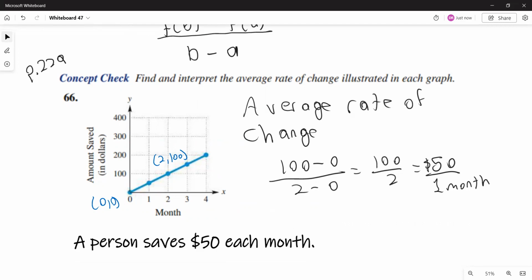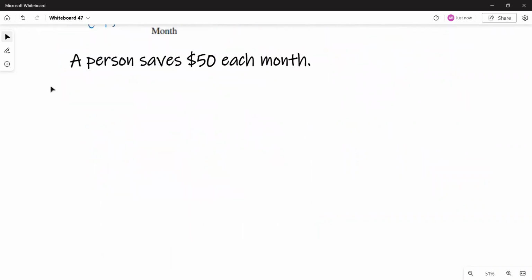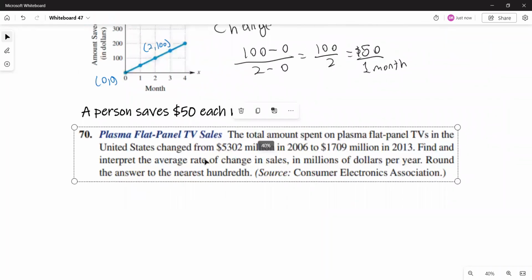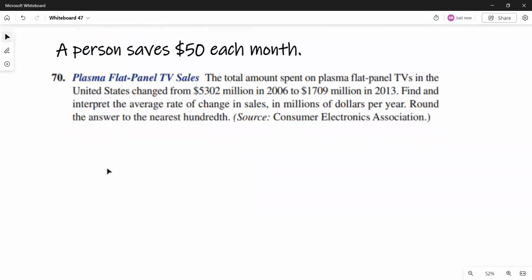Number 70. On the same page, the total amount spent on plasma flat panel TVs in the United States changed from 5,302 million in 2006 to 1,709 million in 2013.